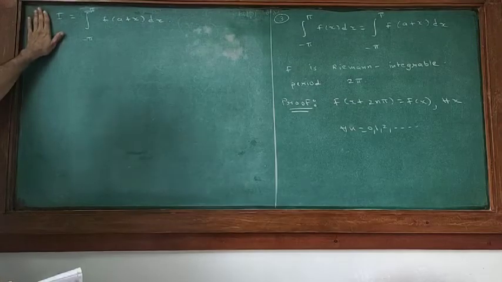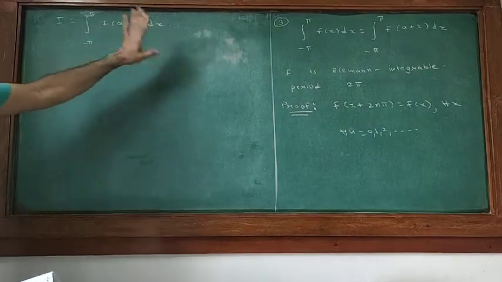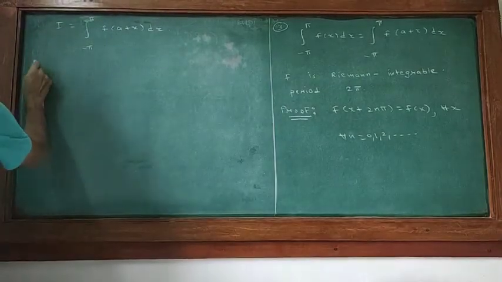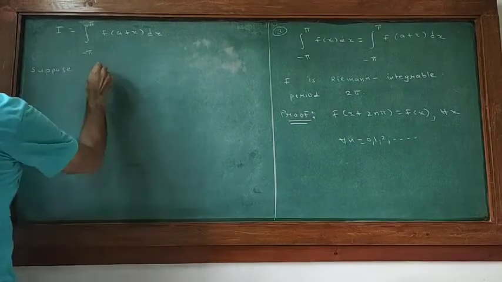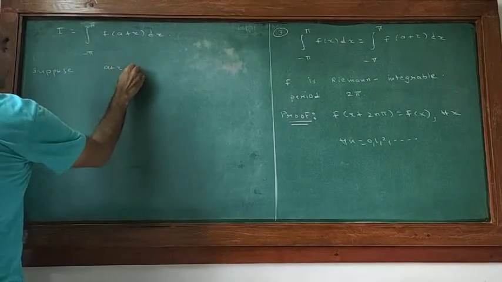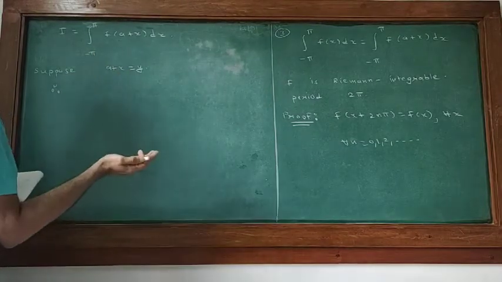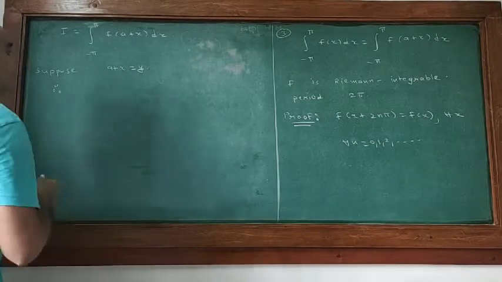Now I start with capital I equal to the integral from minus pi to pi of f of a plus x dx. Now I suppose a plus x equals y, where a is any real constant that we have mentioned in the statement, you are aware of that.